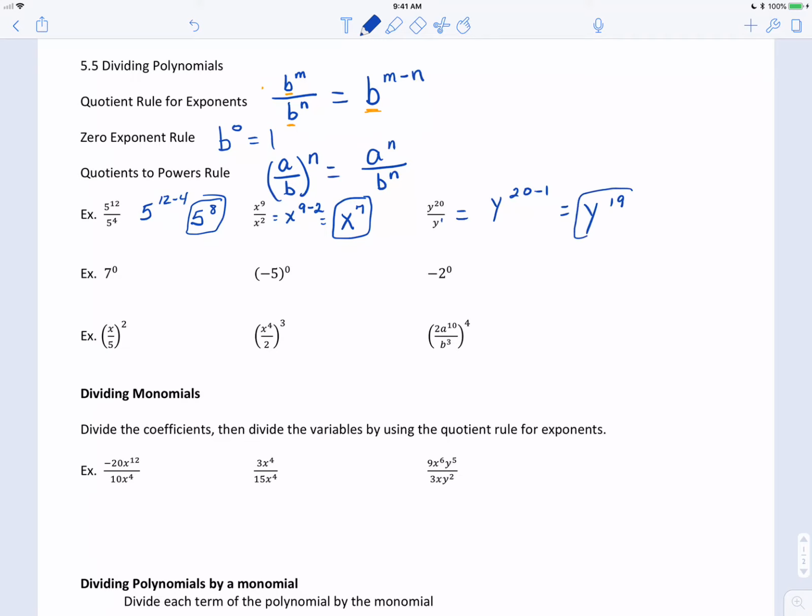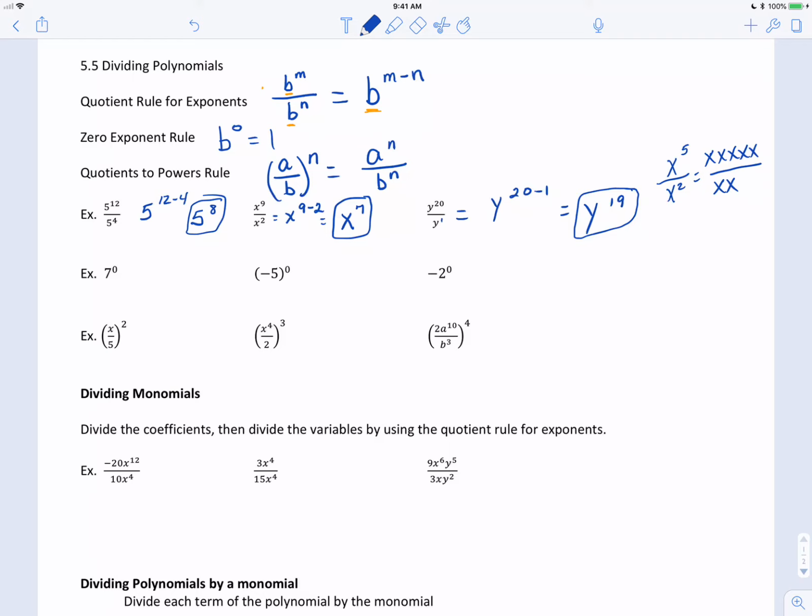Okay, so let me just explain this rule just a little bit over here. So if we have, let's just take an easy one, x to the 5th, then I'm going to divide it by x squared. Think of that as, remember, if it's brought to a power, that means we write it that many times. So 1, 2, 3, 4, 5 over x squared, so that means I'm going to write it twice.